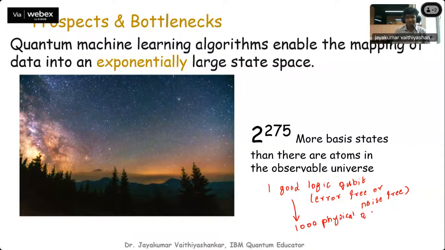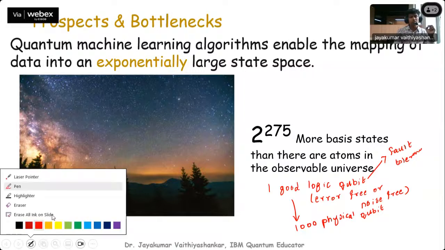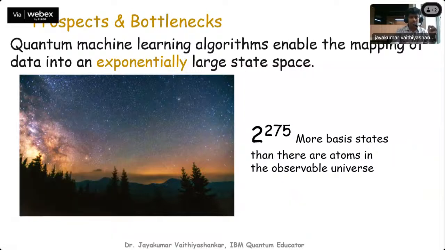This is called fault tolerant. It is very difficult. That is why IBM is aiming for a million qubits and 10 million qubits. They have this plan. Only then is quantum machine learning efficiently possible.